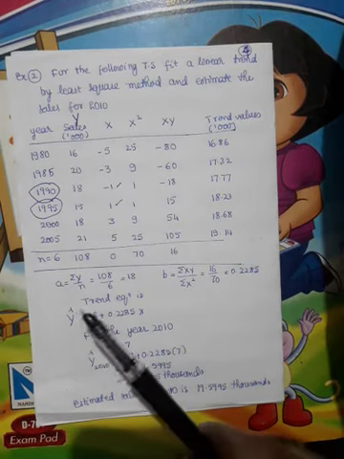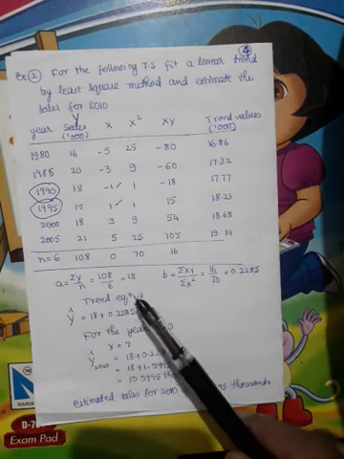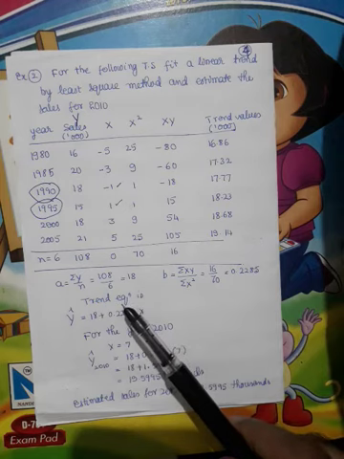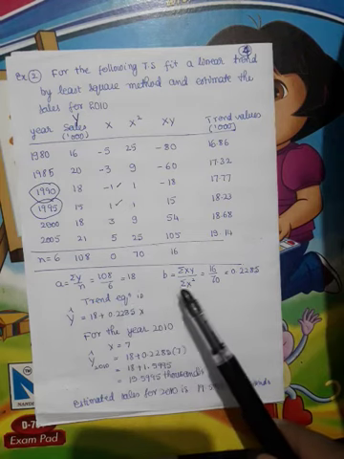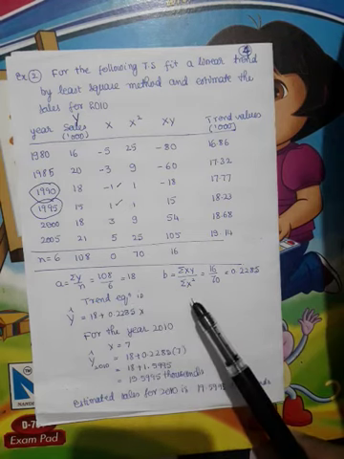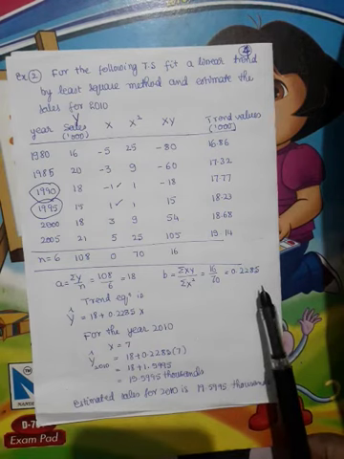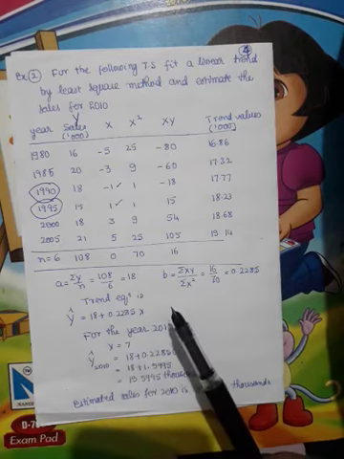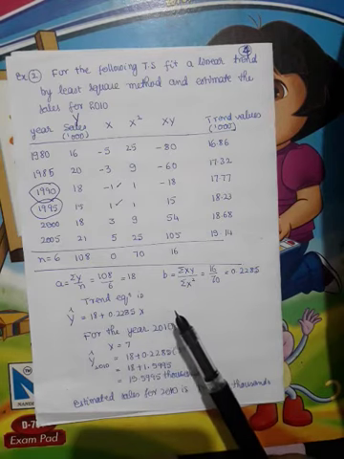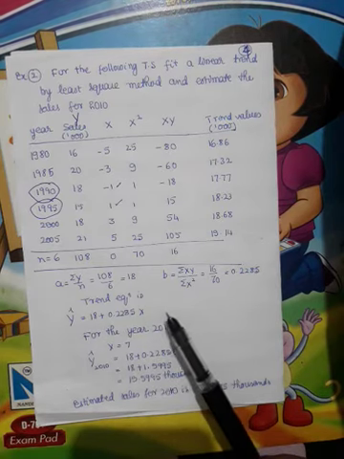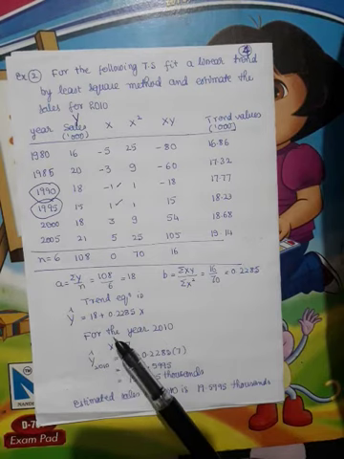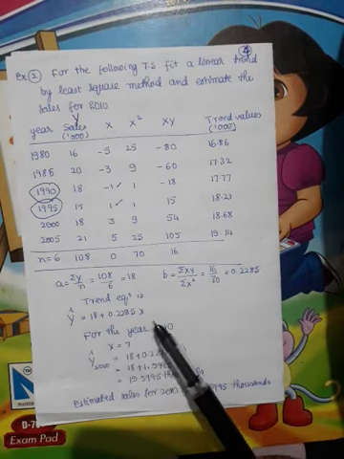Now a is equal to sigma y divided by n, that is 108 divided by 6, that is equal to 18. b is equal to sigma xy divided by sigma x square, 16 by 70, that is equal to 0.2285. Now the straight line trend or linear trend, our trend equation is ŷ is equal to 18 plus 0.2285 x.